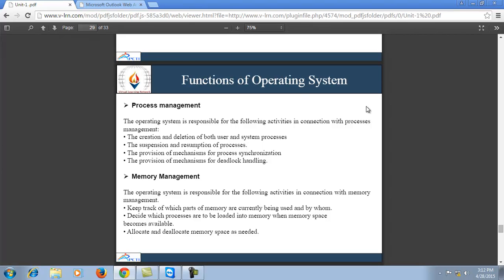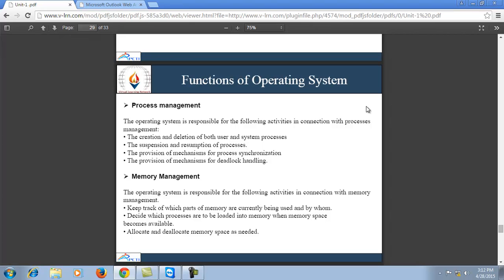What is deadlock? Deadlock is a situation when the system hangs or is not able to provide any support or is not responding to the user. In deadlock, there are 4 conditions which are the causes of deadlock.